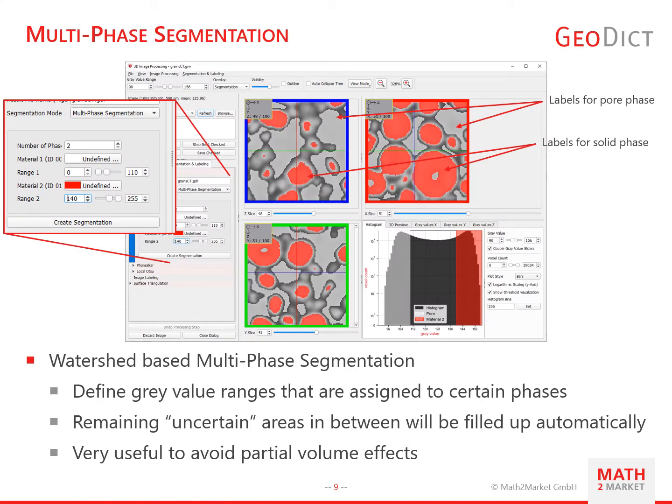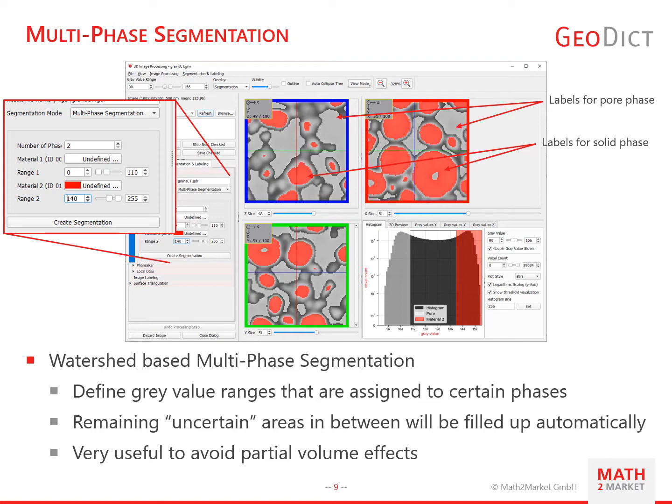For the image segmentation tools, we added first of all the multi-phase segmentation. While in earlier Geodict versions it was of course already possible to segment images containing multiple phases by using multiple thresholds, we added for these cases now also the multi-phase segmentation. In this segmentation you do not define fixed thresholds, where everything below a threshold is assigned to one material and above a threshold to another, but instead you define ranges of gray values that belong to a certain phase.